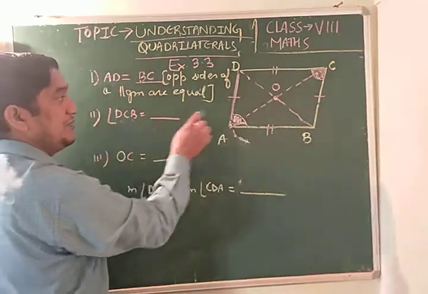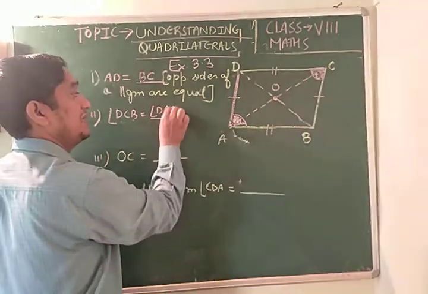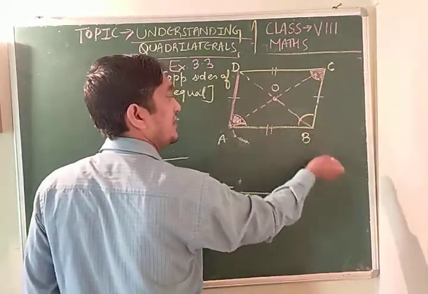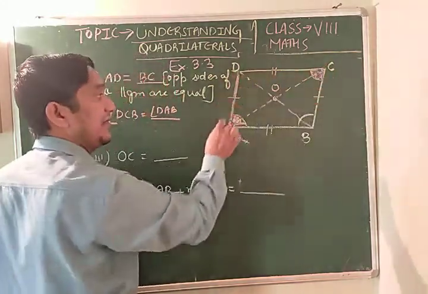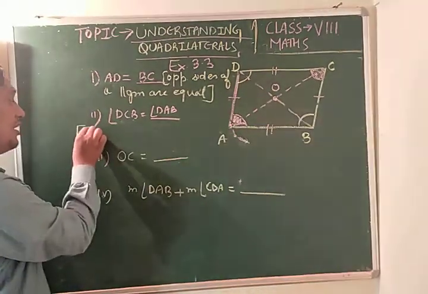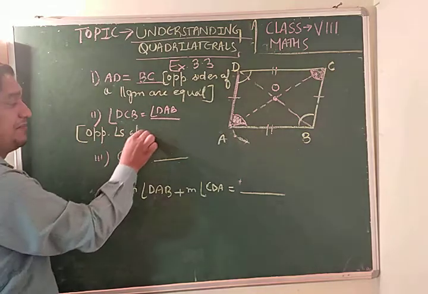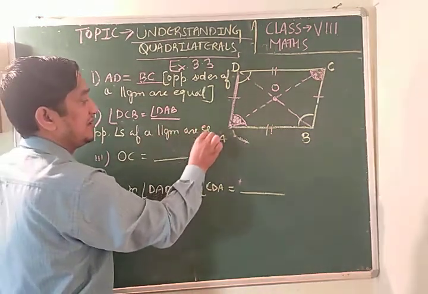So angle DCB is equal to DAB. Similarly, you can say that angle ABC is equal to CDA. So here the property used is opposite angles of a parallelogram are equal.